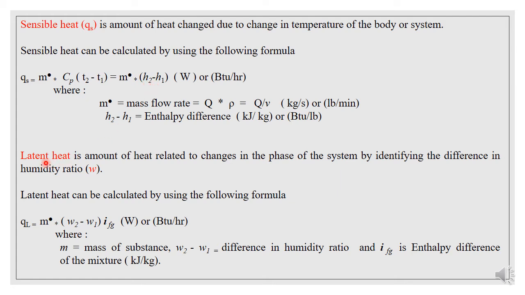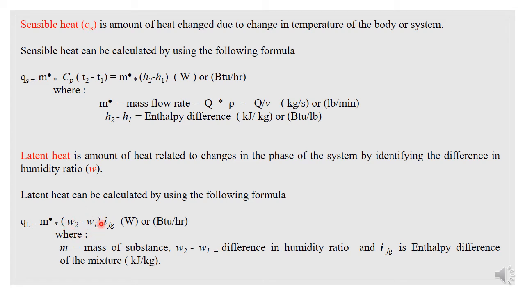And latent heat, on the other hand, is the amount of heat related to changes in the phase of a system, by identifying the difference in humidity ratio, and it can be calculated by using this formula. The rate of latent heat is equal to mass flow rate times the difference in the humidity ratio.